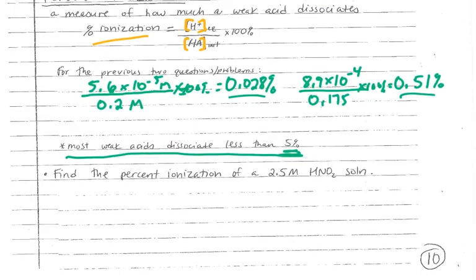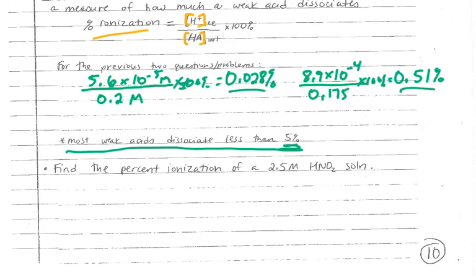So let's do one for a practice problem. Let's find the percent ionization of a 2.5 molar HNO2 solution. HNO2 is not one of the 6 strong acids, so we can assume it's a weak acid. HNO2, when it dissociates, is going to pop off that hydrogen, and then the anion that's left is NO2 minus.